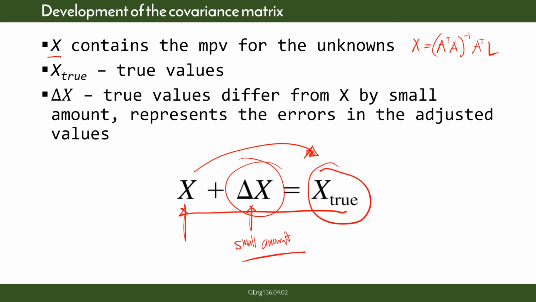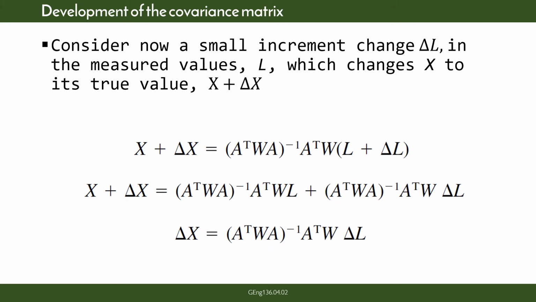Sometimes the least squares solution provides us an estimation or assumption, or as they say, the most probable value. Now let's consider a small incremental change, delta L, in the measured values L, which changes X to its true value.